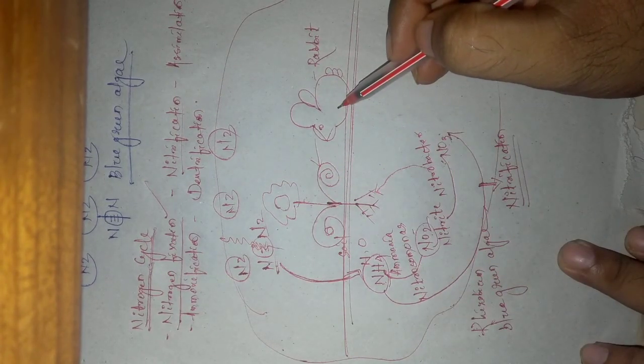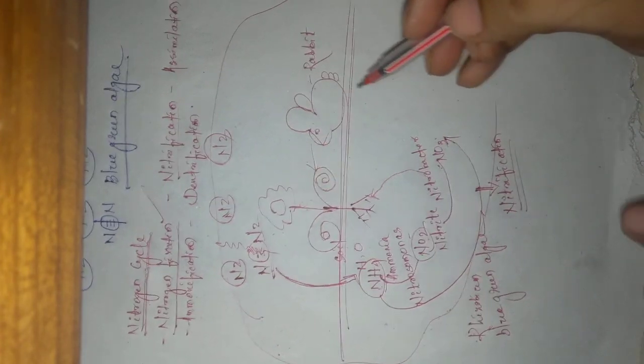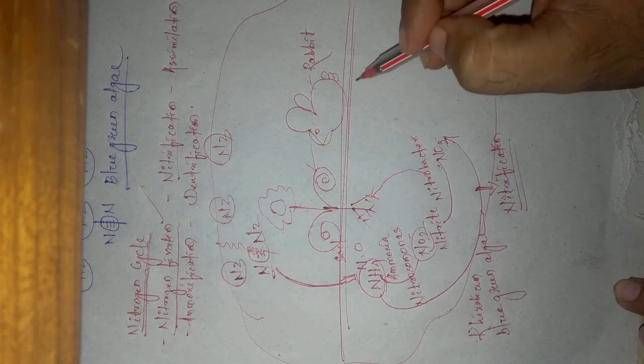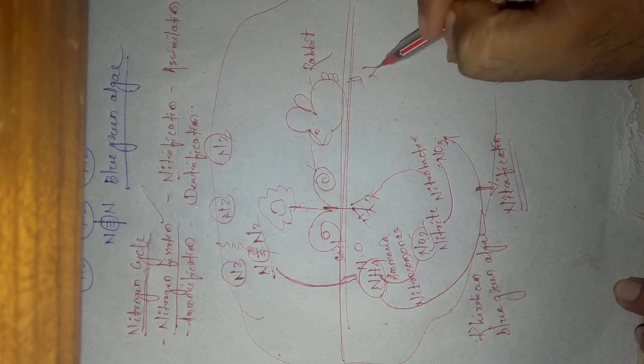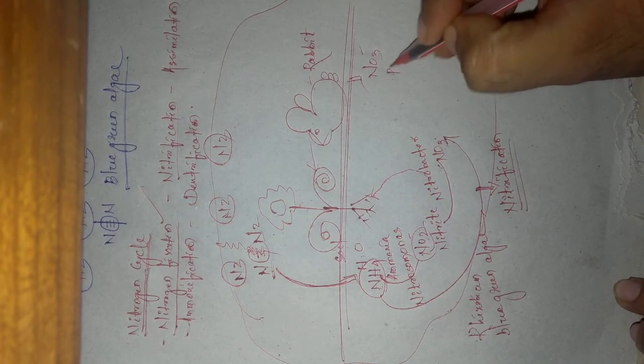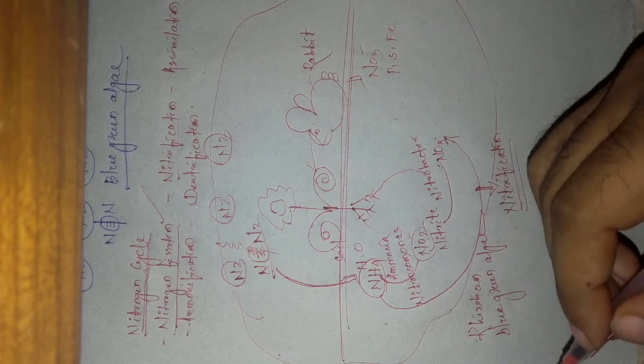Okay students, and when these animals die or get buried under the soil, they are converted into nitrate, and some compounds like phosphorus, sulfur and iron also form.